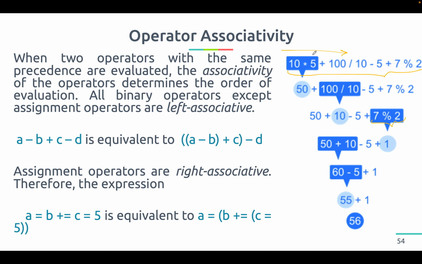So as we can see, we go from left to right for those that have the same precedence. We start from the highest precedence in the expression, and then from left to right we execute those of the same precedence. Since the rest of this statement has the same precedence, which is addition and subtraction, we also go from left to right. So we add, then subtract the value, and then we add the last value, and then we get the result.